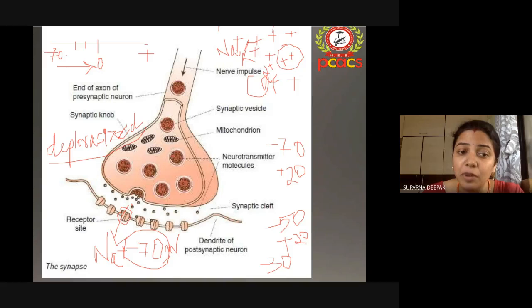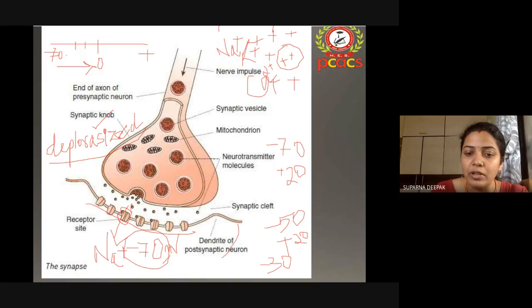This depolarization is going to be passed on. Abhi yahan pe, your receptors are present only at this particular region of the postsynaptic neuron. सिर्फ यहाँ पे जो postsynaptic zone है वहीं पे present होगा.